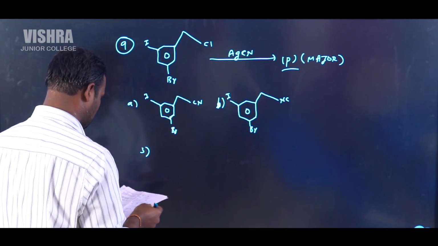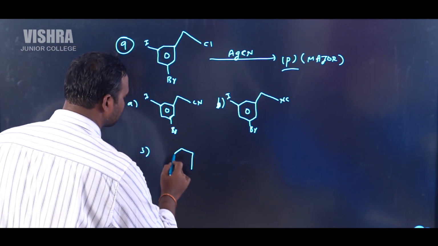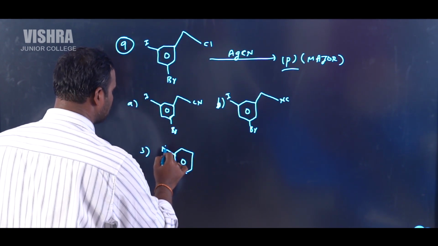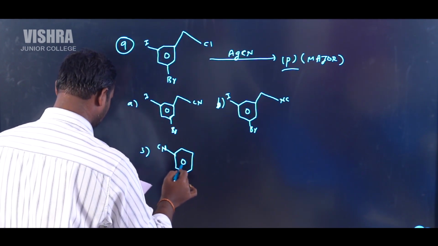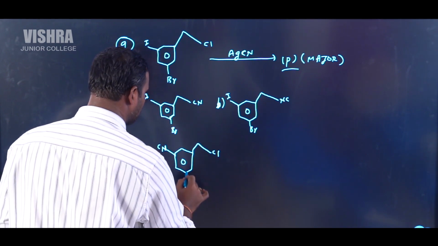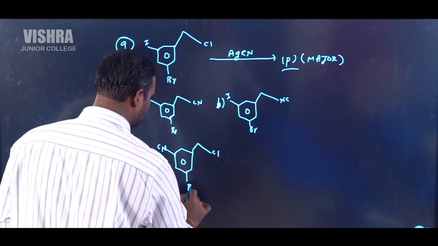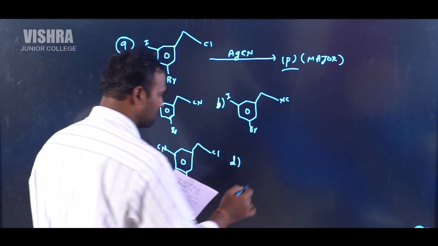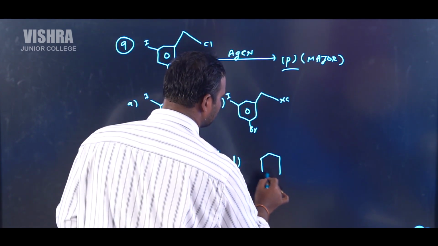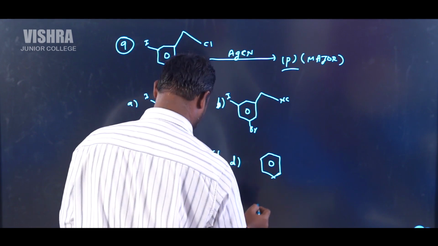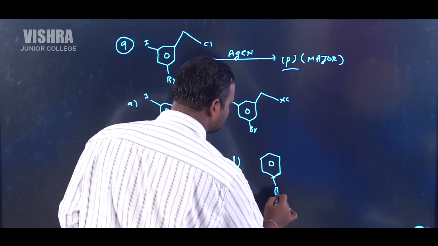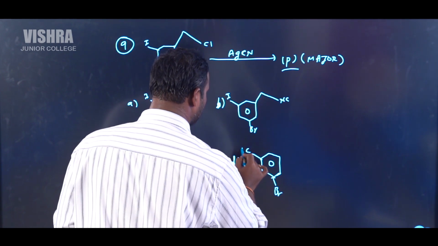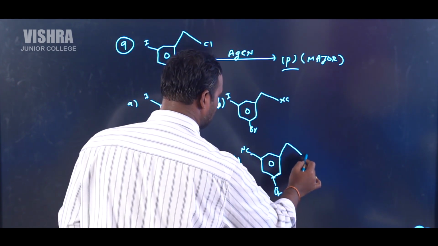Third option is NC, Cl, Br. Fourth option is Br, CN, Cl.